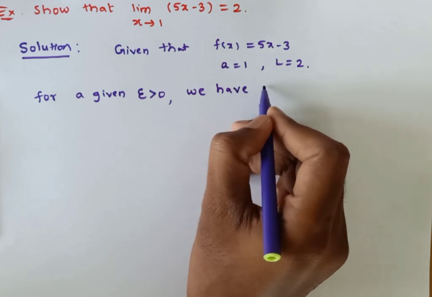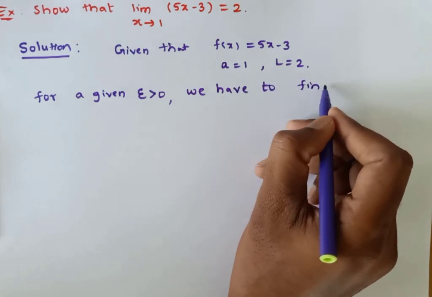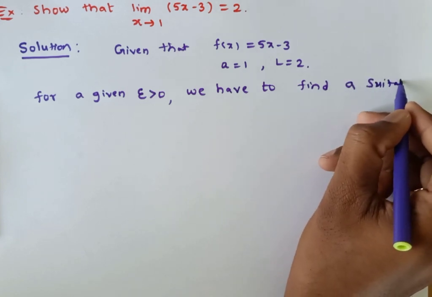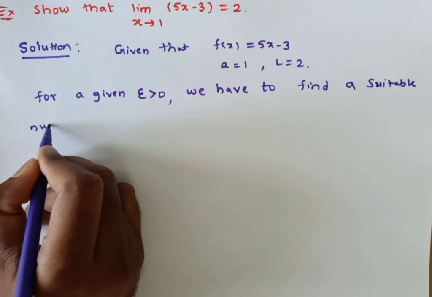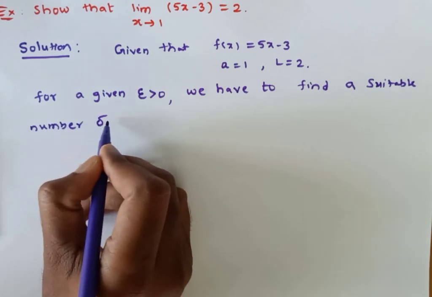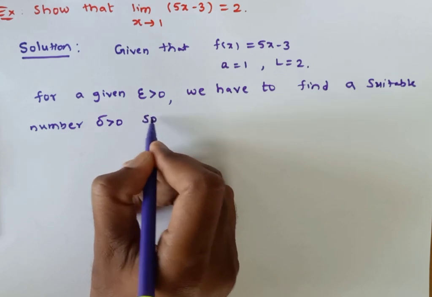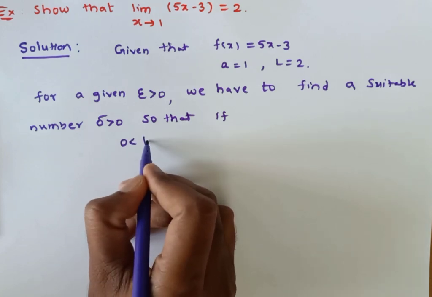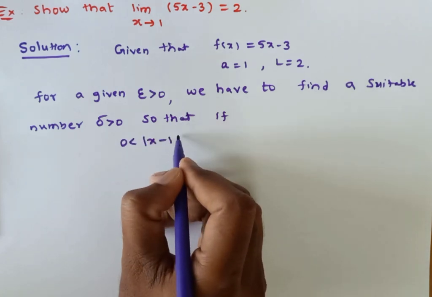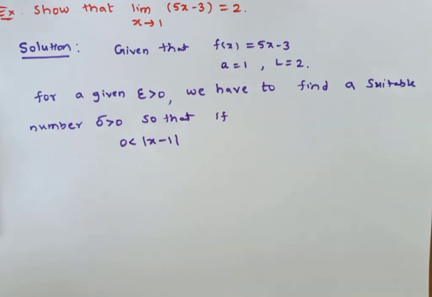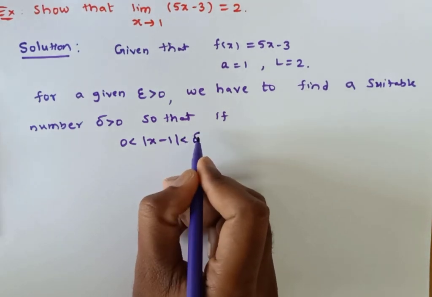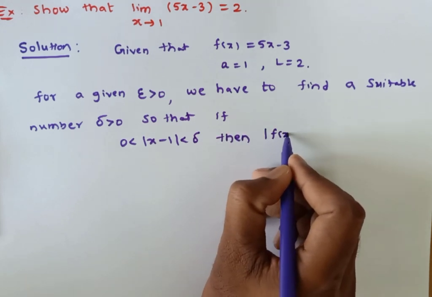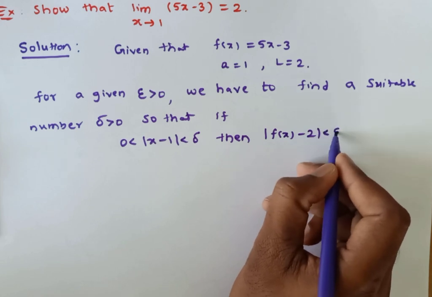So here, what do we have to find? We have to find a suitable number delta, which is greater than 0, so that if 0 is less than modulus of x minus a, which means x minus 1, is less than delta, then modulus of f of x minus 2 is less than epsilon.